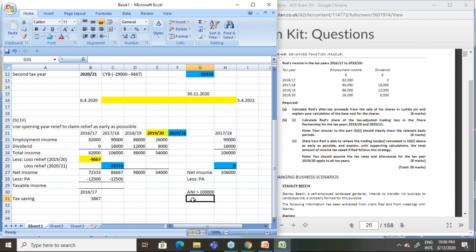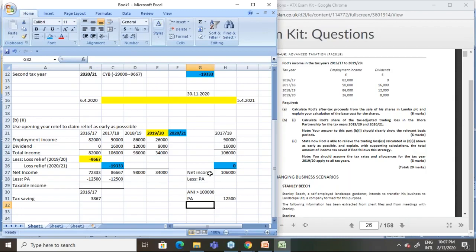By how much? Personal allowance is 12,500. It should be reduced by half of the excess of adjusted net income over 100,000. In this situation, how do you calculate the adjusted net income? Net income minus gross personal pension contributions and gross gift aid donations.